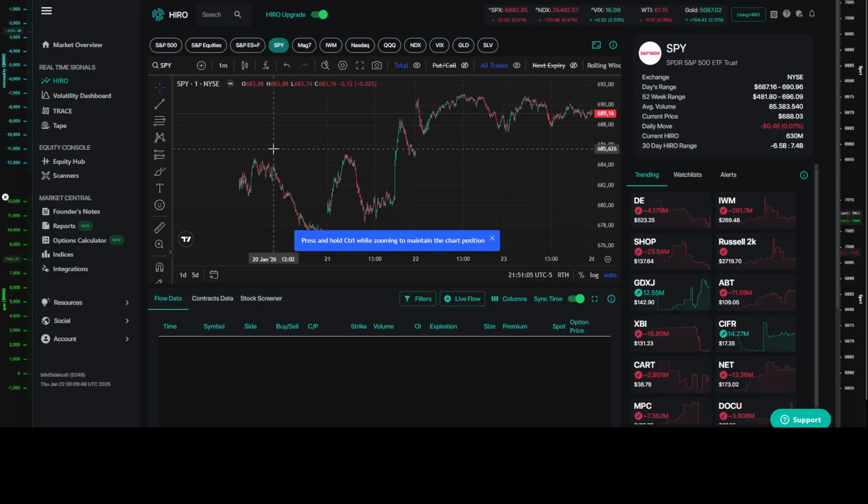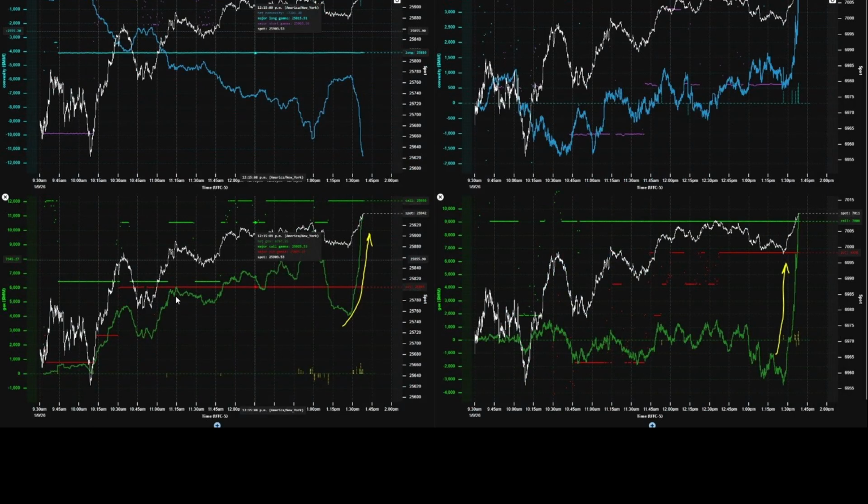Okay, in a session, you will see here the HIRO line. This is the net GEX in the session, and that kind of information gives us confidence to take long or short positions because HIRO, and in this case the net GEX line, tells us if we are in a positive regime or negative regime.